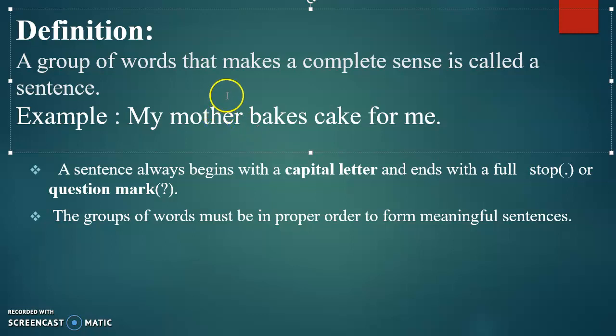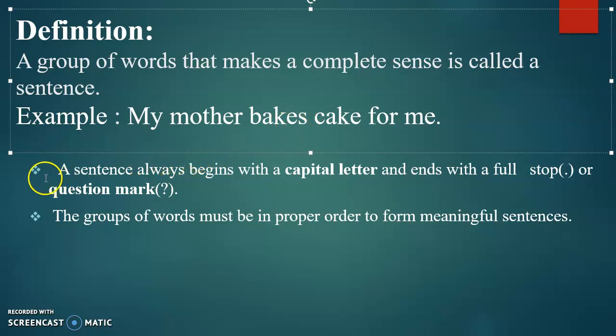A sentence should start with a capital and it should end with a full stop. And if a group of words has no verb and does not give a complete sense, we cannot say it is a sentence. We can say all these types of groups of words are called phrases.